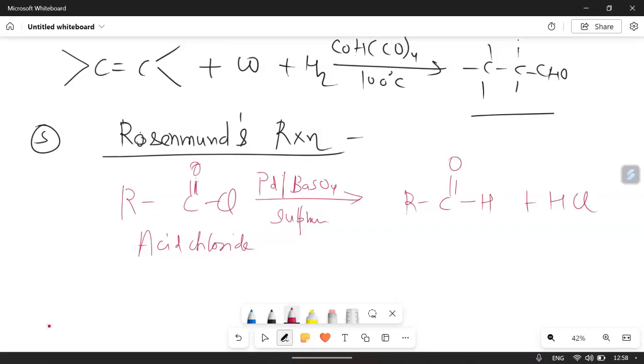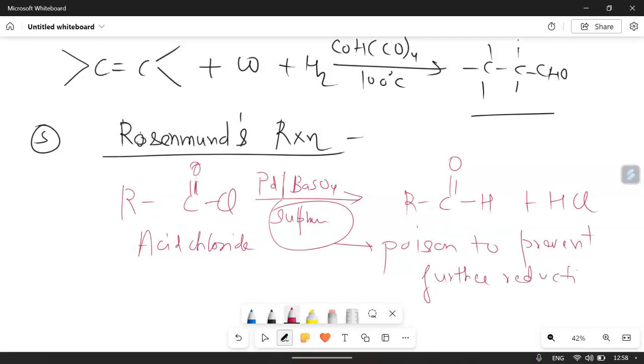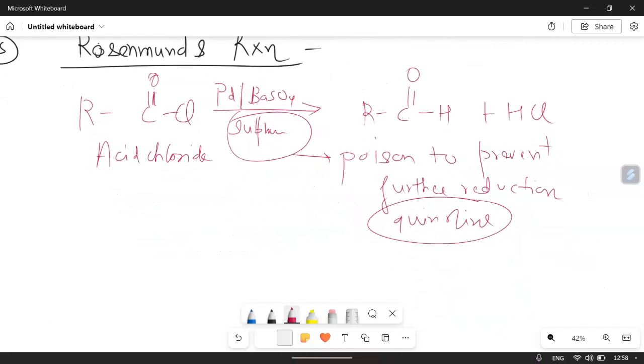So that is called Rosenmund reduction, right. So this acts as a poison to prevent further reduction. You can also take quinoline, sulfur or quinoline you can take for preventing further reduction. Okay.